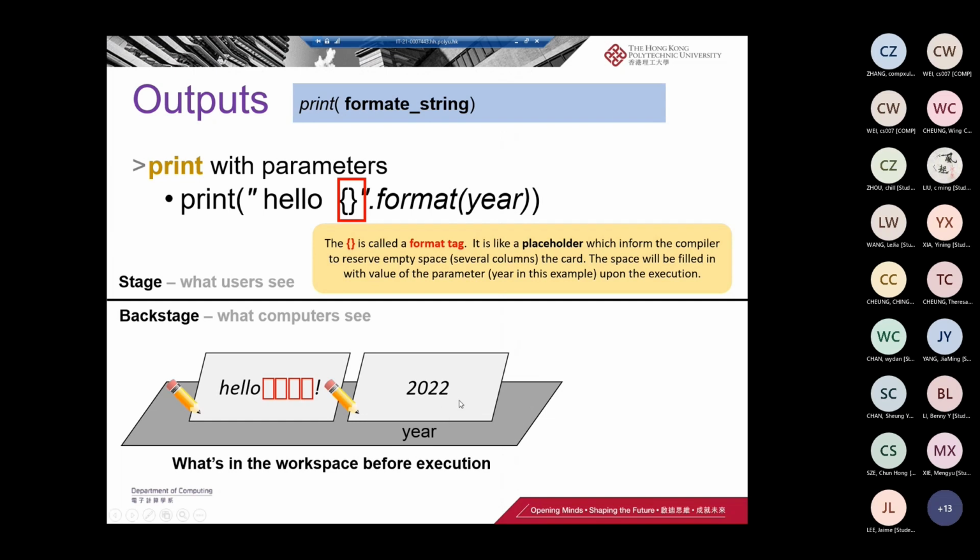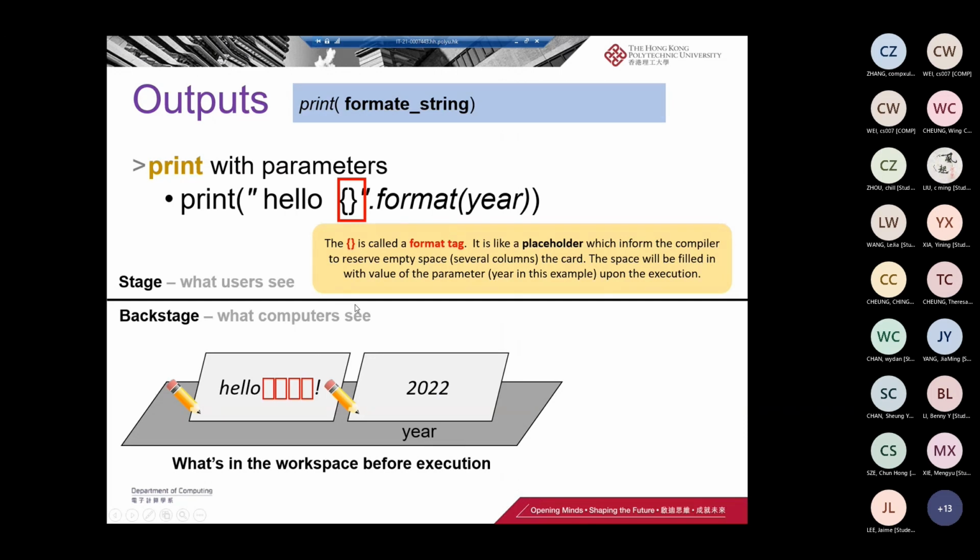So what's happening here is we have a card actually recording what's going to display on the screen. However, this format tag is like reserving that space for the further content, which is recorded or stored in another card, where we put the value 2022. So during printing with parameters, the operator will copy the value from this year card to the place which has been reserved by the format tag.